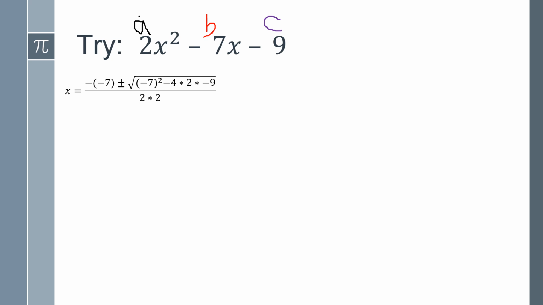Did you do that? If you did, you are awesome. Did you simplify the radical? Did you get 121 in the radical? 49 over 4.